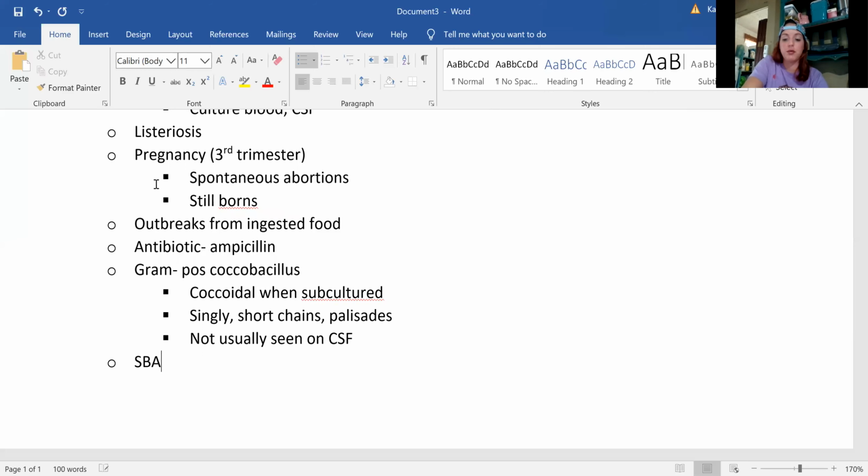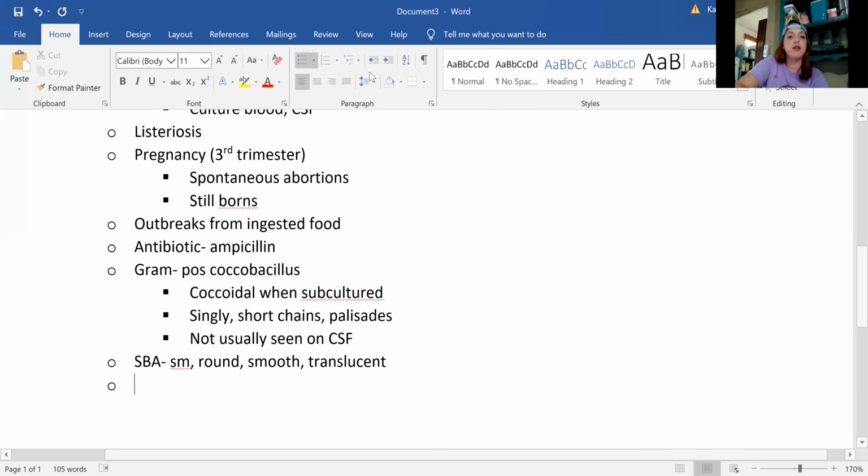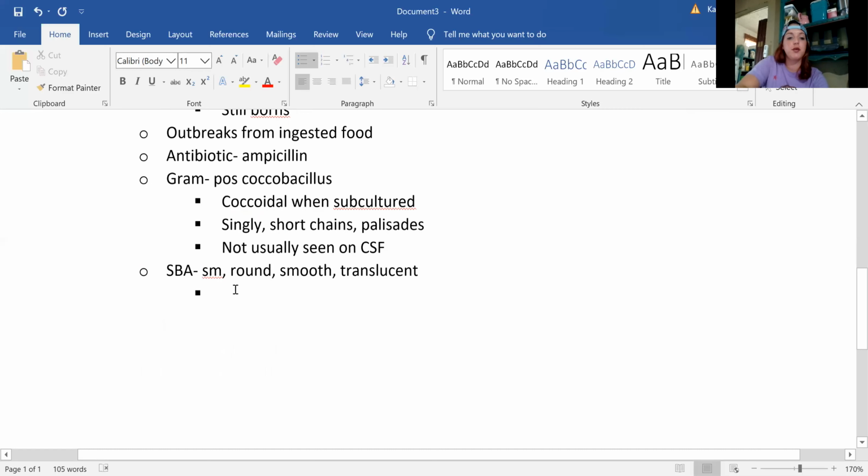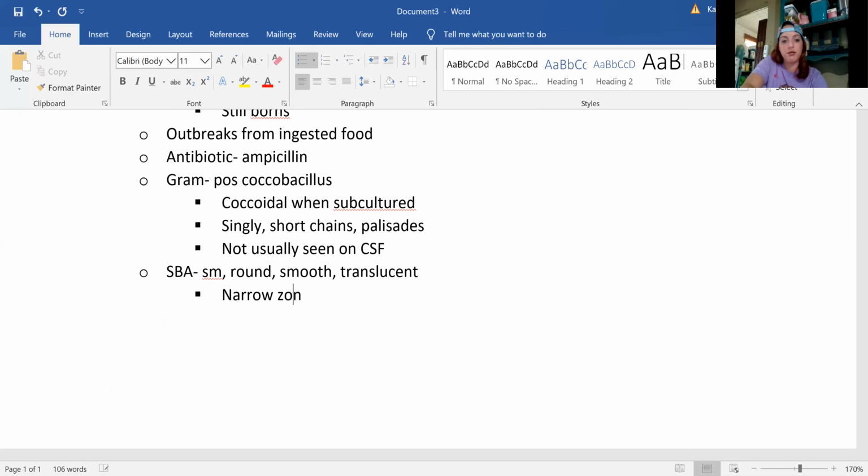Now on your sheep blood agar, you're going to see small, round, smooth, and translucent colonies. And y'all know what the hemolysis is for Listeria? It's going to be a narrow zone of beta hemolysis.